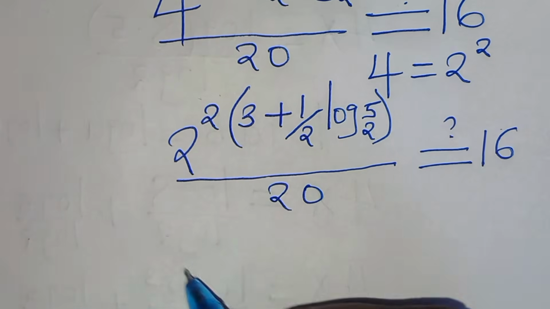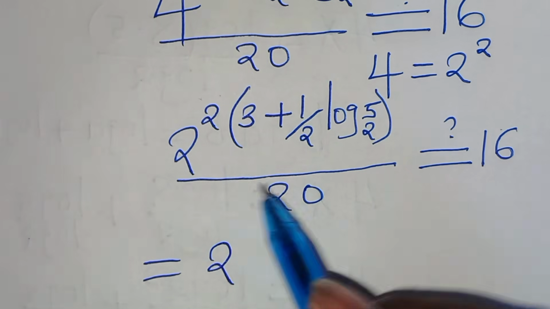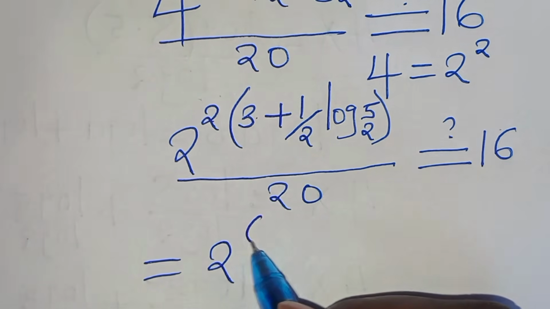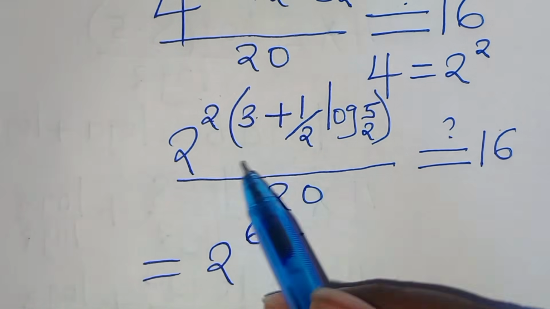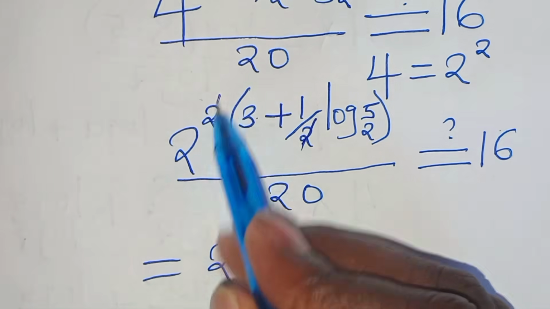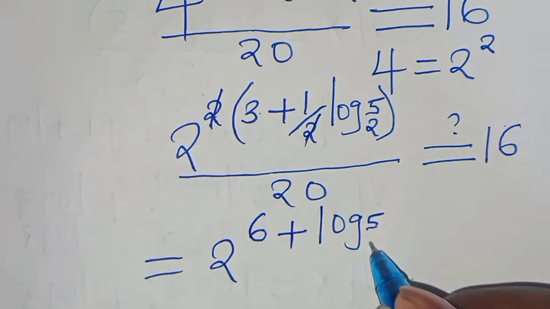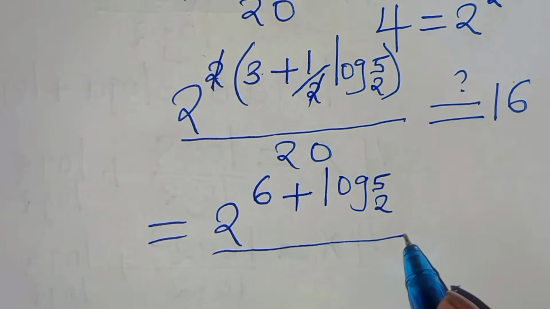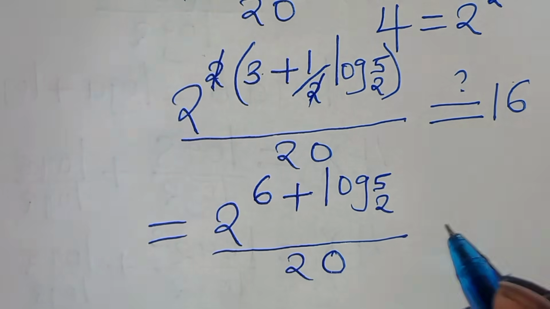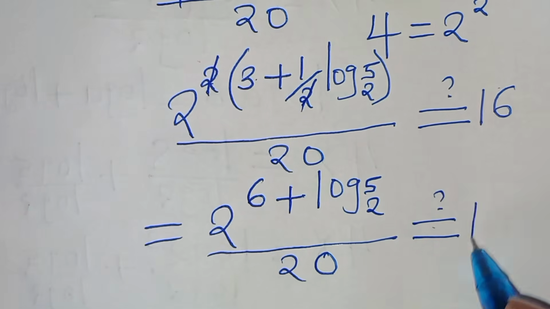Now the next step is that we have 2 raised to the power of 2 times 3, which is equal to 6, then plus. Now let's simplify here. 2 and 2 simplifies, so that we have log 5 to base 2 divided by 20. This should give us a value of 16.